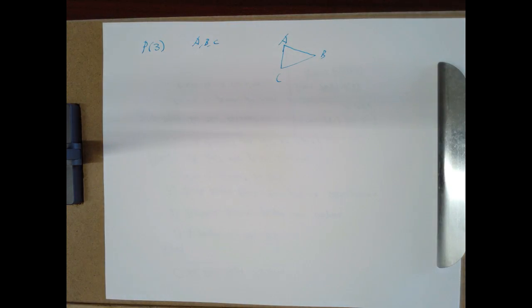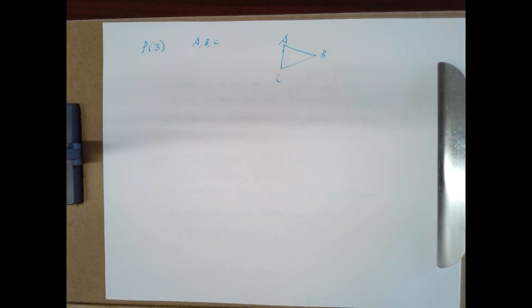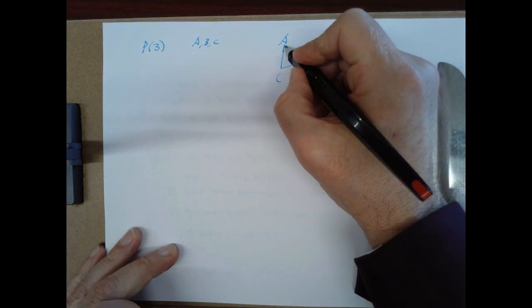And all the distances are different, so we can find the smallest of these 3 distances, right? And let's just suppose that the smallest distance is between A and C.